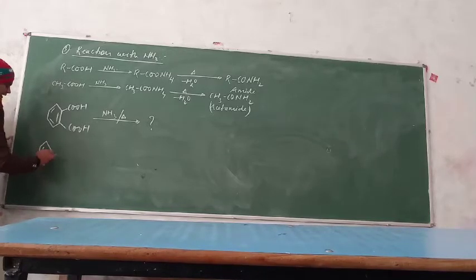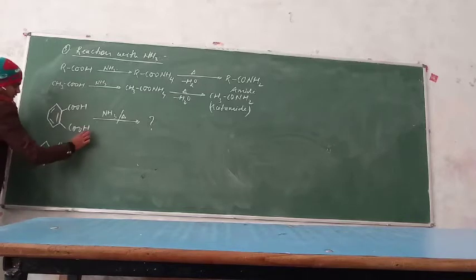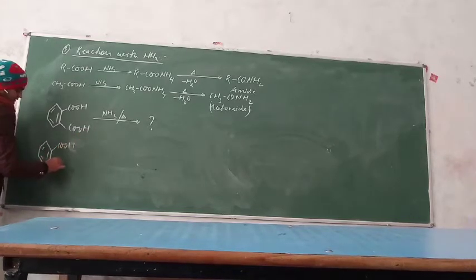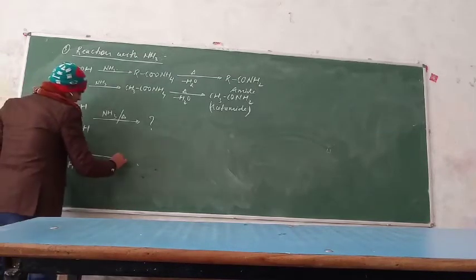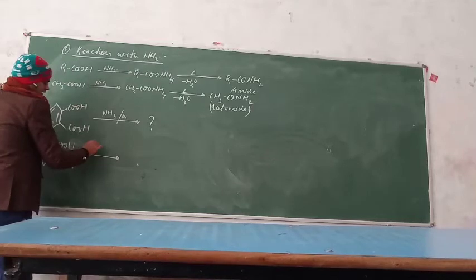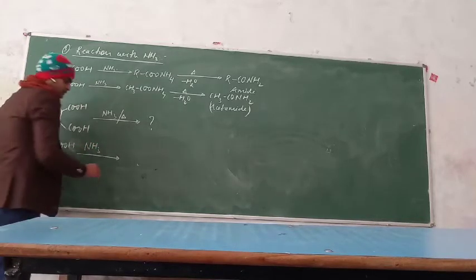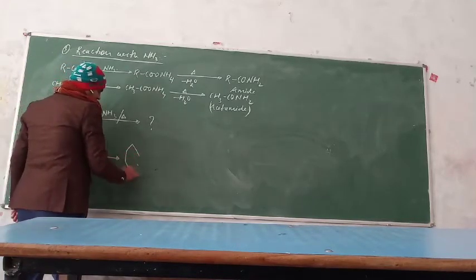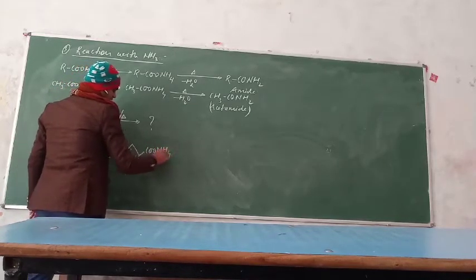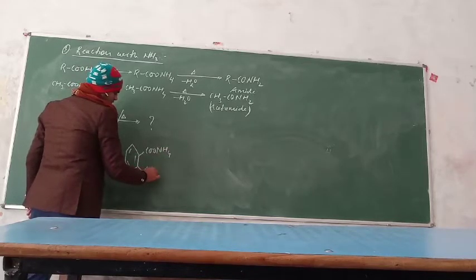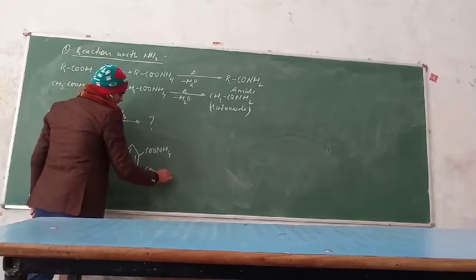You can write the product: COOH, single bond COOH. When this compound is treated with ammonia, then it will form COONH4 and COONH4.